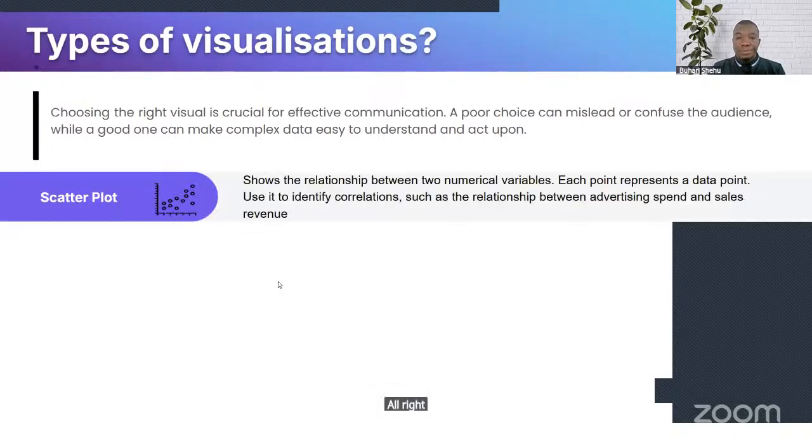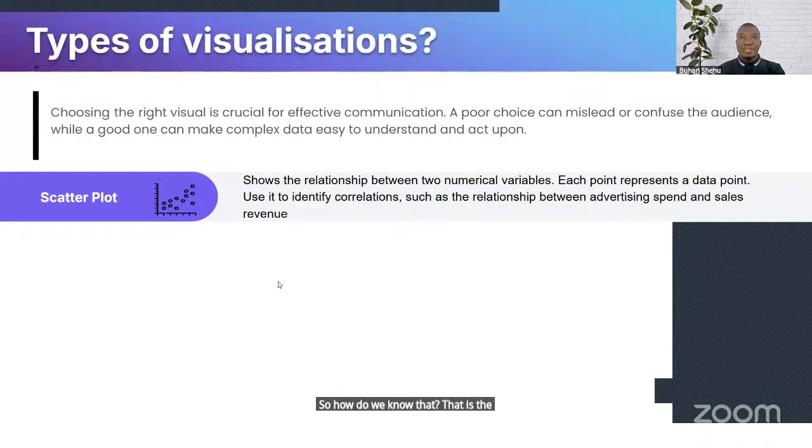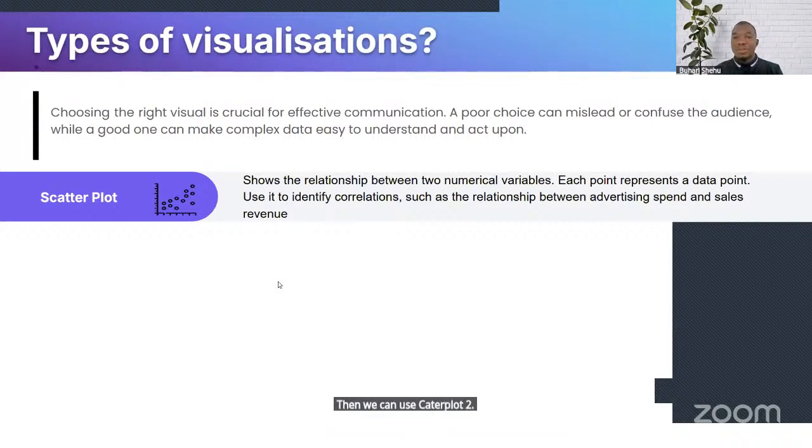All right. So we still have the scatter plot. This is used in showing the relationship between data. So if you have two continuous data sets, like sales and discounts, right? People like discounts. So maybe the more the discount, the more the sales. How do we know that that is the case? Then we can use a scatter plot to determine that.